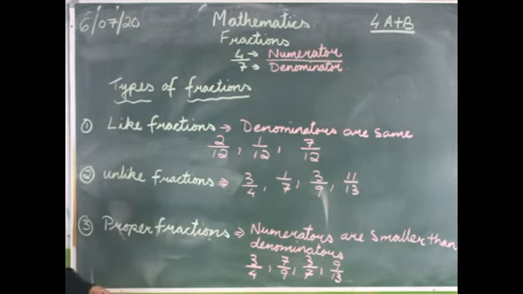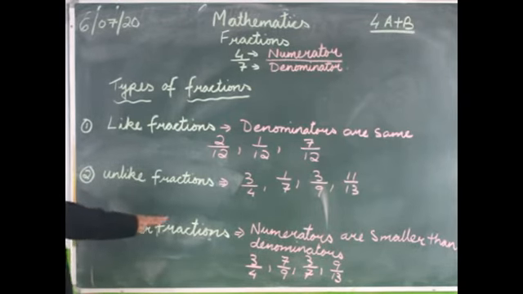So basically, proper and unlike fractions, you may look at it, it looks the same, but these two types of fractions are different. Now here we have gone into another part where we are doing proper fraction, improper fraction, mixed fraction and equivalent fraction. So let's move to number 3.